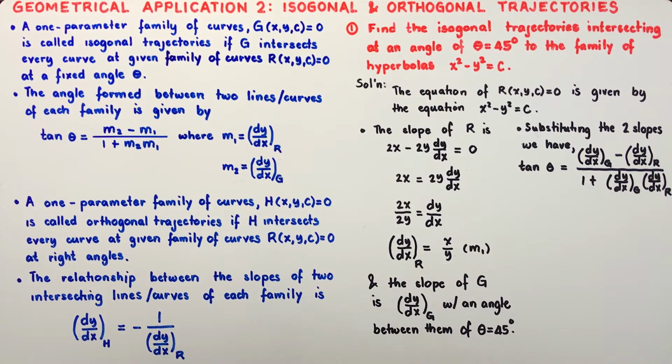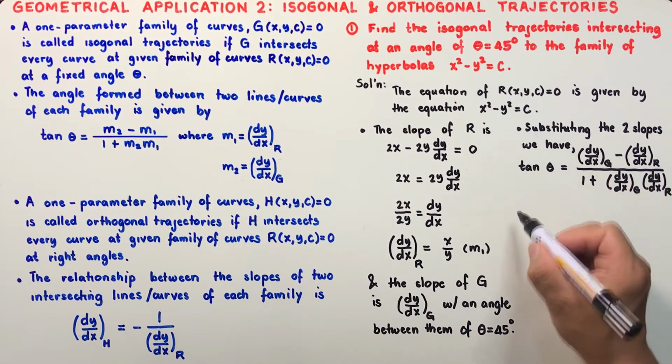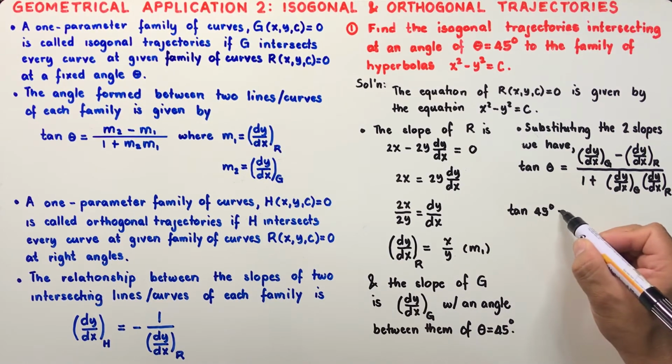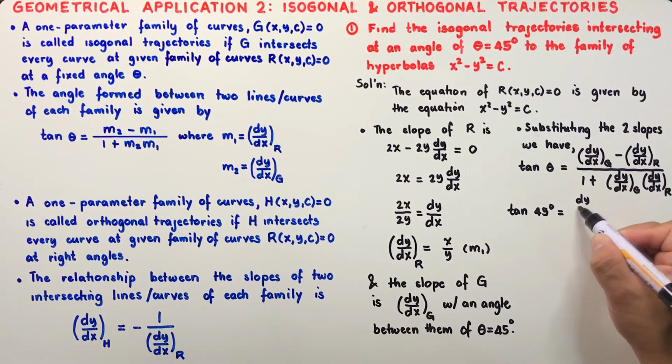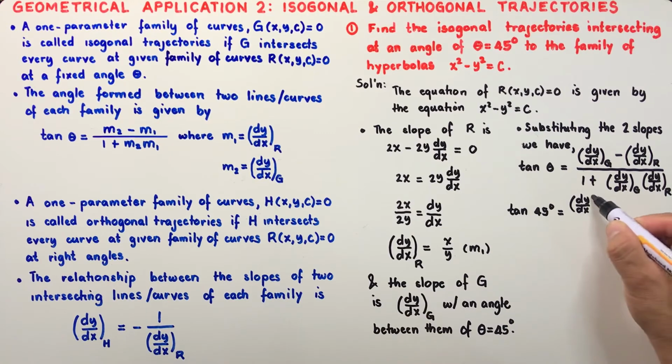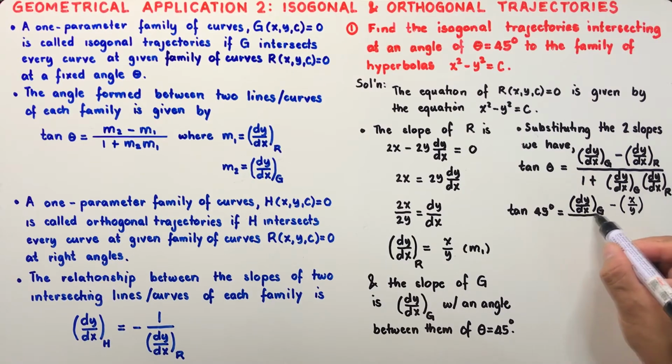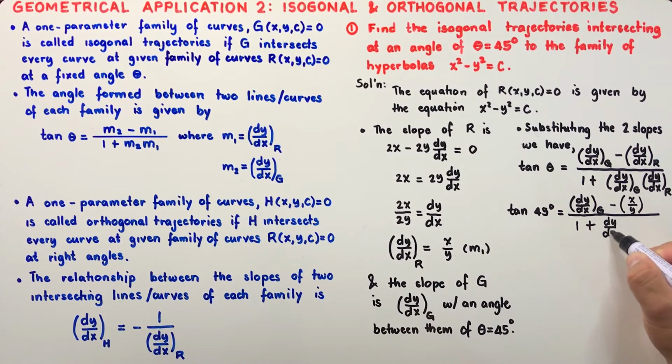We know that our angle theta is 45 degrees, so tangent 45 degrees equals the derivative of y with respect to x for our unknown family of curves minus the slope of the given family of curves, which is x over y, divided by 1 plus the derivative of y with respect to x for the unknown family of curves times the slope of the given family of curves r.